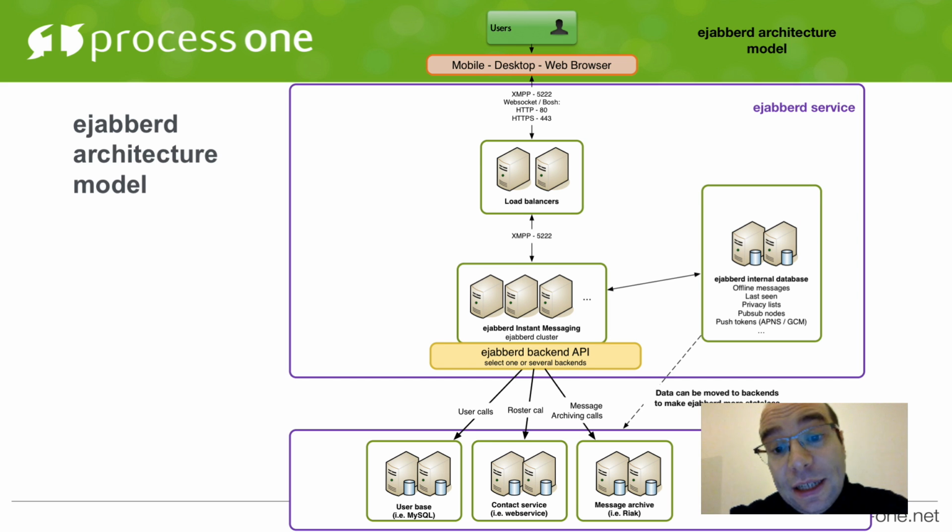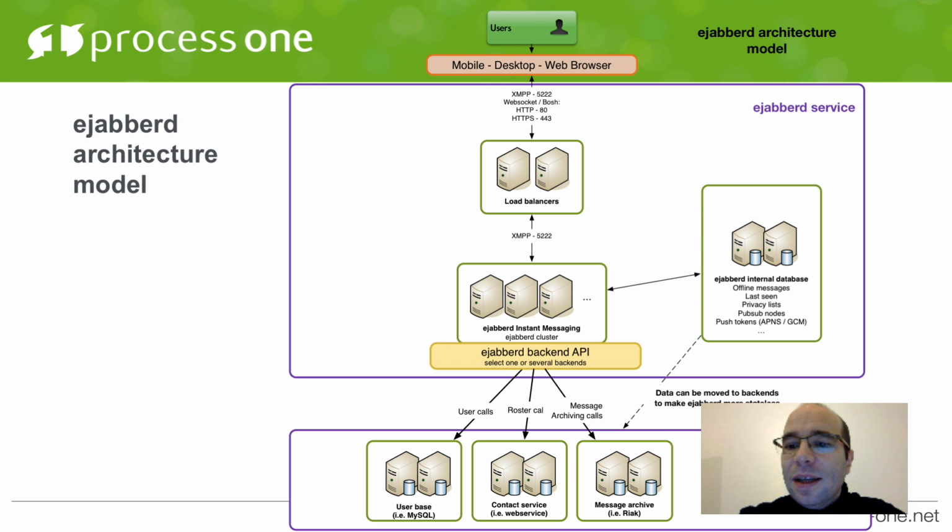So let's try to give you the big picture. This is a typical architecture for an ejabberd deployment. When you deploy an ejabberd service, you deploy your cluster, you have a load balancer, you have your clients connected to ejabberd through the load balancer, and you have part of the data which stays in the internal database.